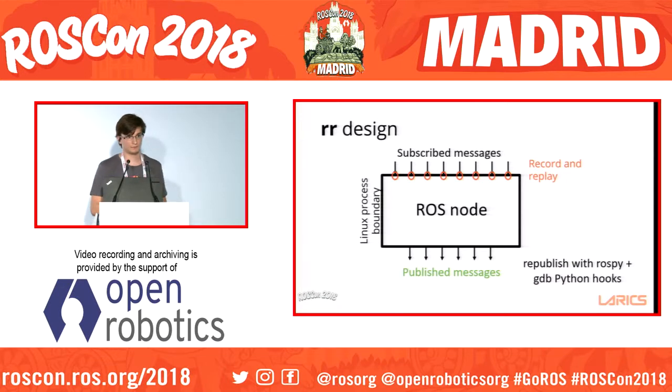And I really wanted to visualize what was going on inside the replayed process. So I hacked together some Python rospy GDB hooks which republish the messages when you are replaying the recording, just like they were published during the original execution.